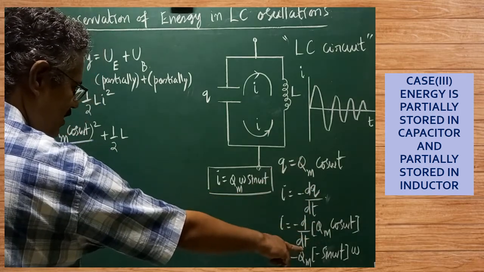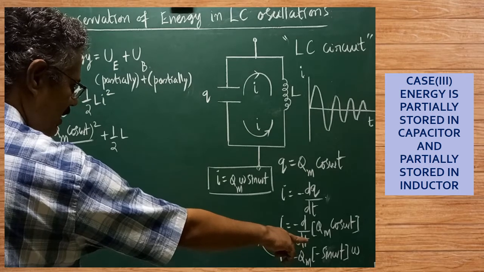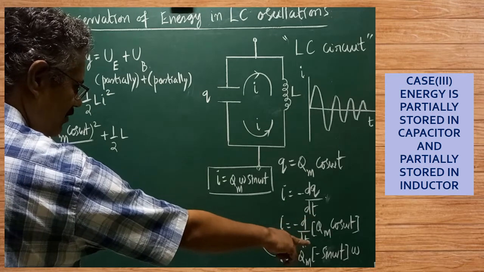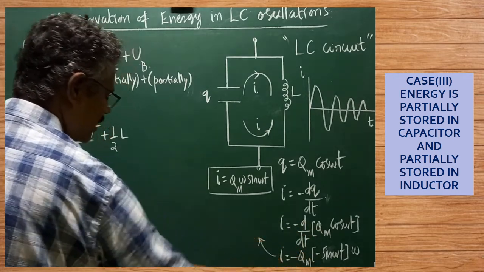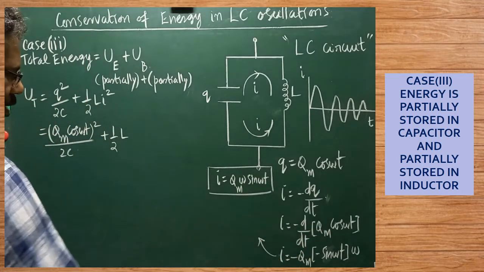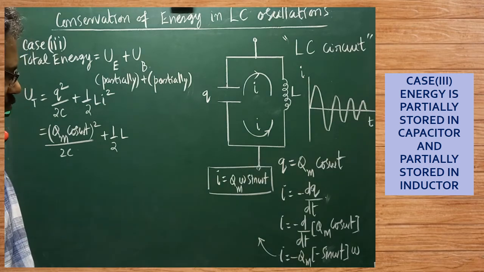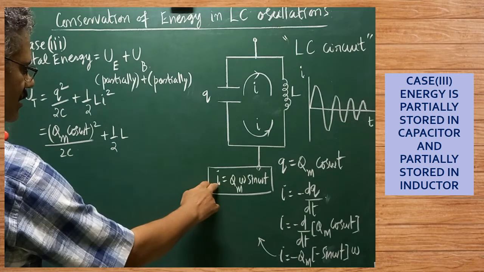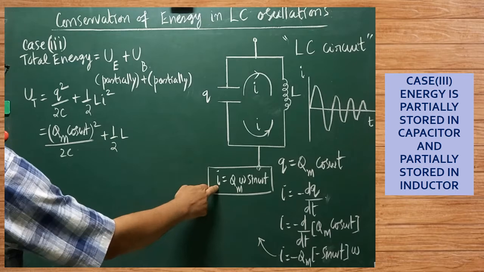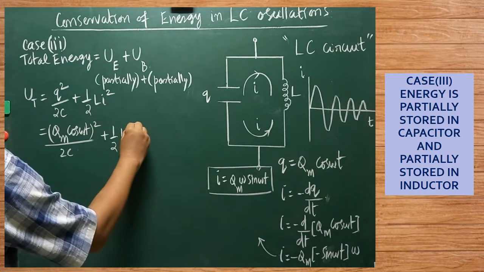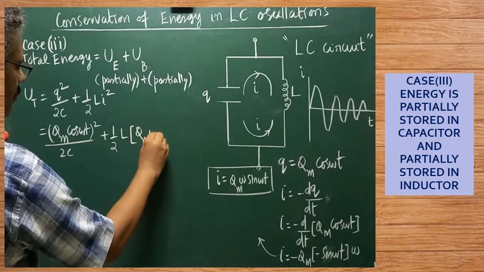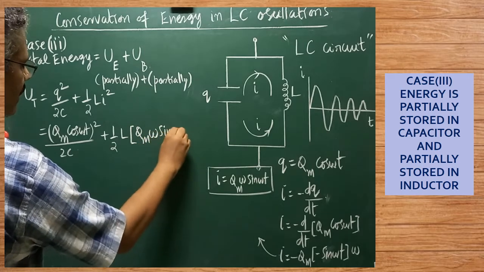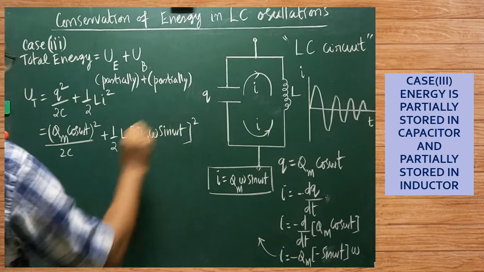After differentiation, you will get minus sin omega t, and differentiating omega t gives omega. So the two negative symbols cancel, and you finally get Qm omega sin omega t. This is the expression for current. This expression is to be substituted here: instead of I, substitute Qm omega sin omega t, the whole square.